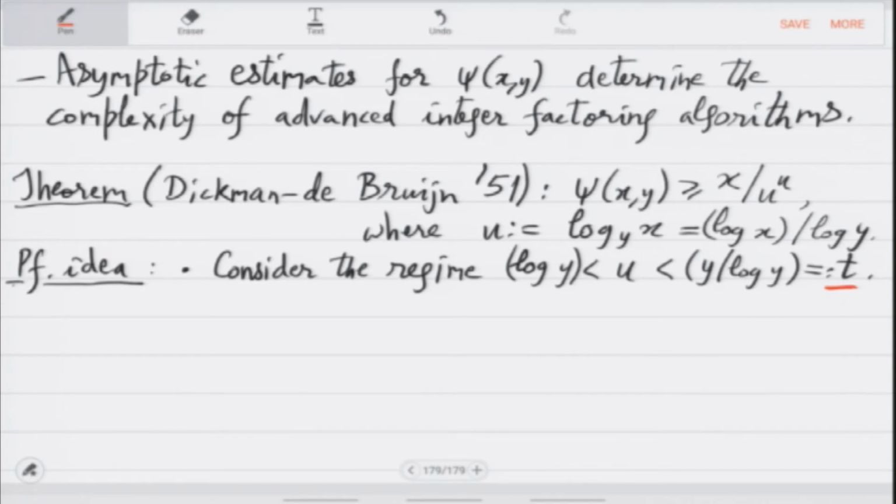This means y has to be large as well. y cannot be too small, because u less than y over log y means that y has to be more than log x. If y is smaller than log x, the proof will not work.